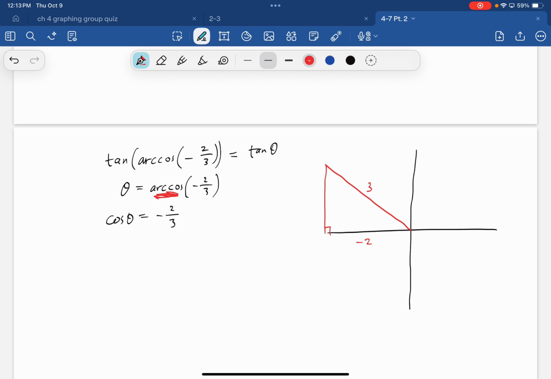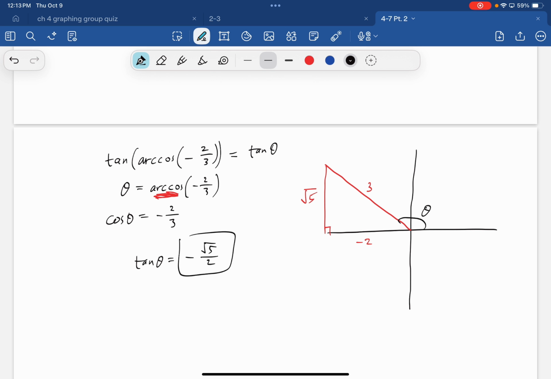Root 5. Pythagorean theorem, right? Root of 9 minus 4. So our answer is tangent theta equals, well, that's not theta, is it? This is theta. But tangent theta equals negative root 5 over 2.